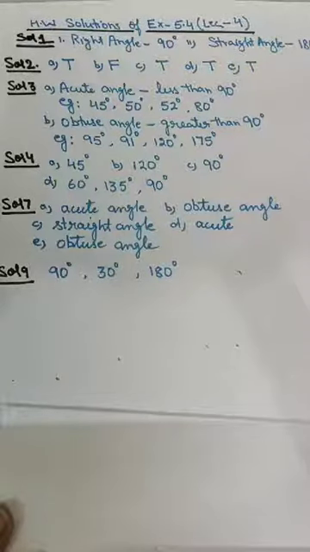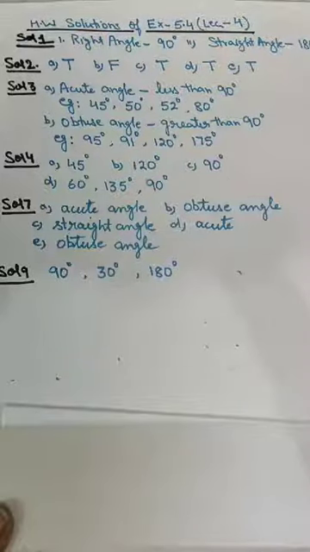The measure of one complete revolution is 360 degree. That is also true. If measure of angle A is equal to 53 degree, here M means measure, and measure of angle B equal to 35 degree, then measure of angle A is greater than measure of angle B.